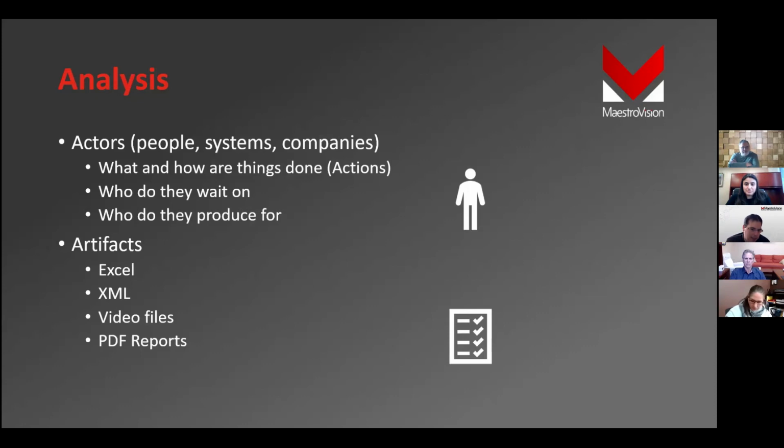So whether it be Excel, XML, video files, PDF, Word documents, checklists, tapes for those of us still using those, even any kind of physical artifact that is produced during the work. So we take all of that information together, and the idea is to lay it out in a plan in a way that is visually readable, where you can see how people interact with one another.